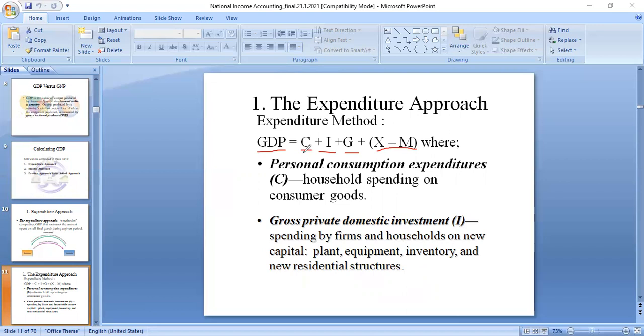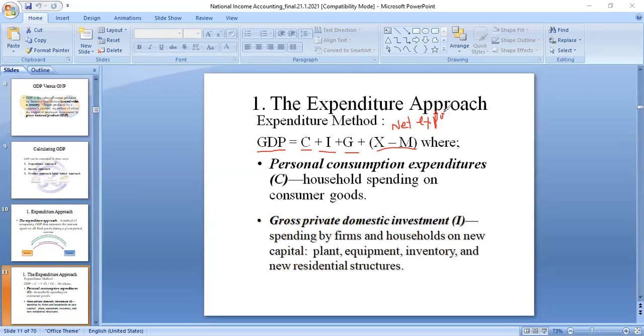Where C stands for personal consumption expenditures, I stands for gross private domestic investment, G stands for government expenditure, and X minus M stands for net exports.